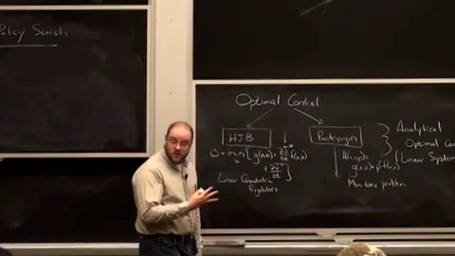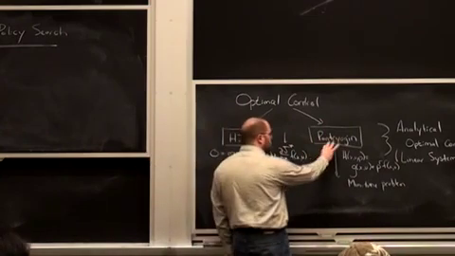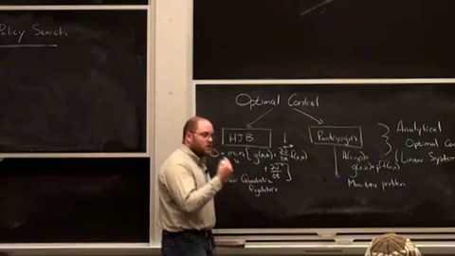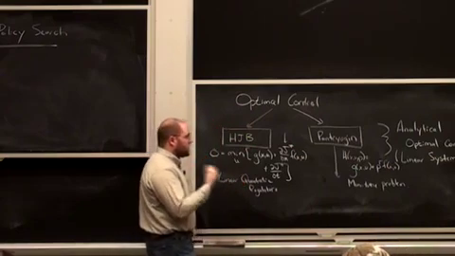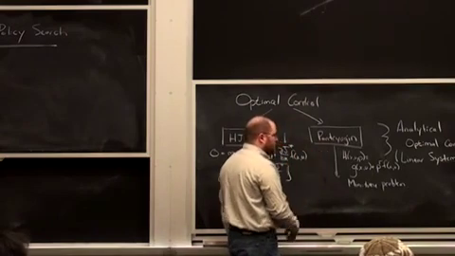The problem with it is just that it was too local, right? The Pontryagin ideas are based on a gradient statement of local optimality, right?